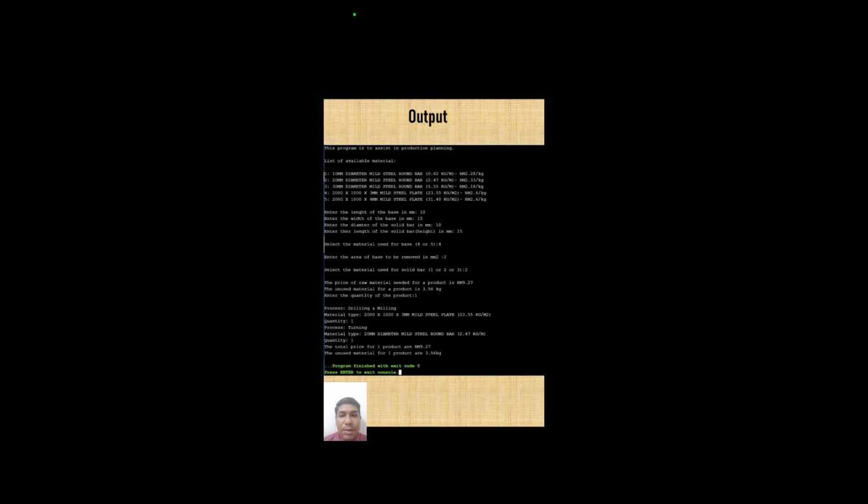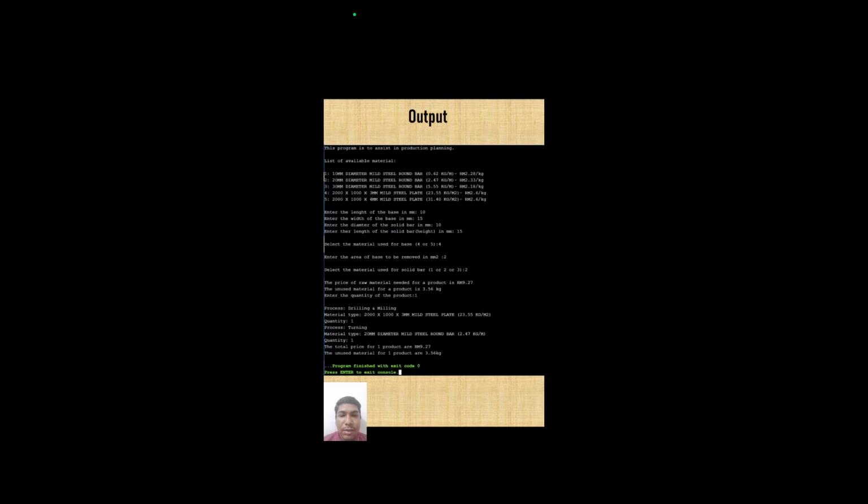Select material used for base, 4 or 5. We use material 4. That is 2.6 per kilogram. Then enter the area of the base removed in mm square. That is 2.